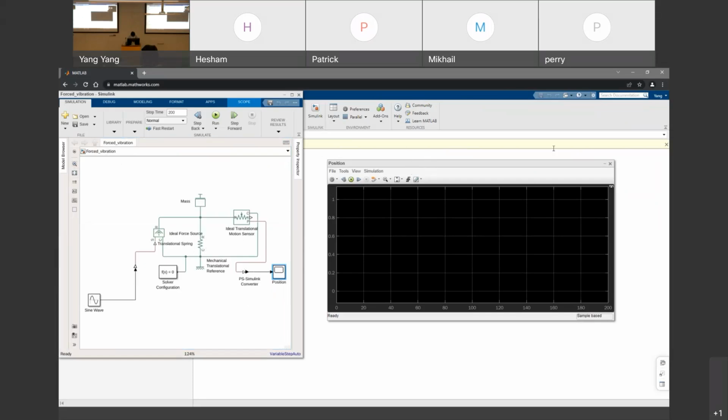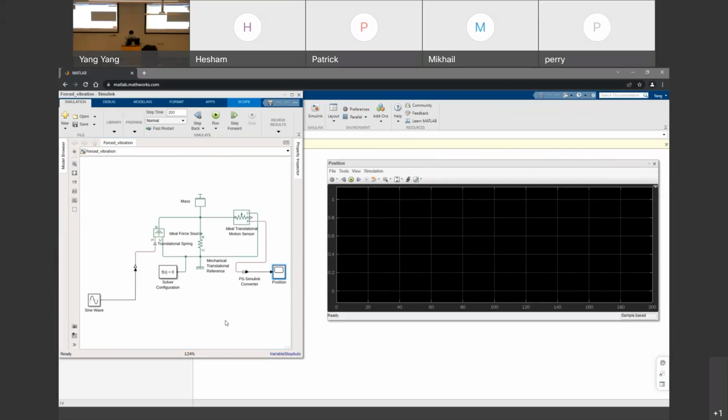On the right side, there is a monitor. That monitor is used to monitor the displacement, and I have already created a spring, mass, and damper here. The spring and mass are over here. So this system can use the monitor to monitor the displacement of the mass.